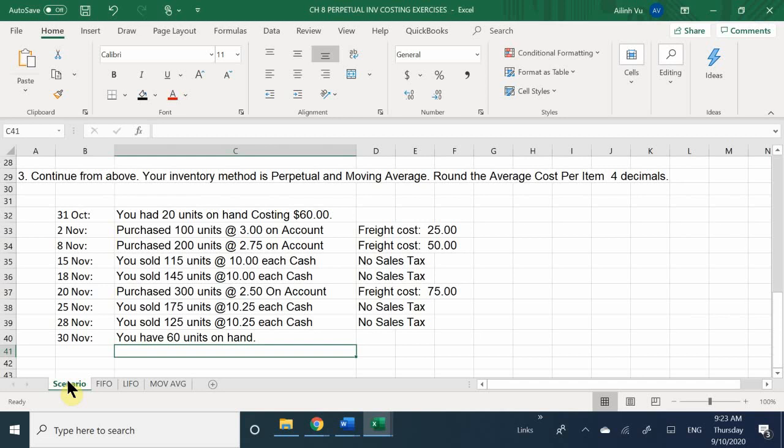On November 18th. We sold 145 units on November 18th. Yes, we sold 145 units on November 18th.